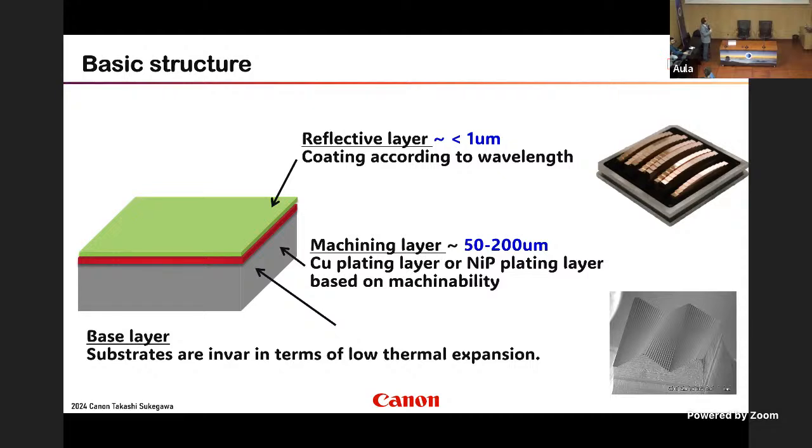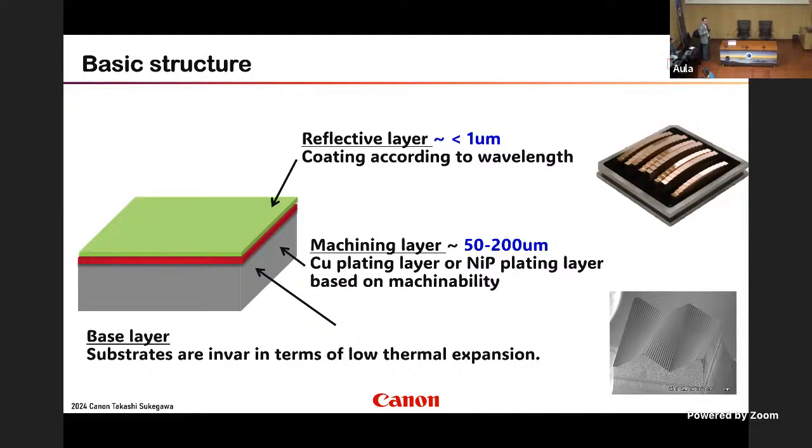And on top of the Invar, we are plating. This is because copper plating is usual and better for good machining quality. Of course, we can machine copper, aluminum, something, because it's the same as machining. But we recommend this structure, a copper layer with small thickness.